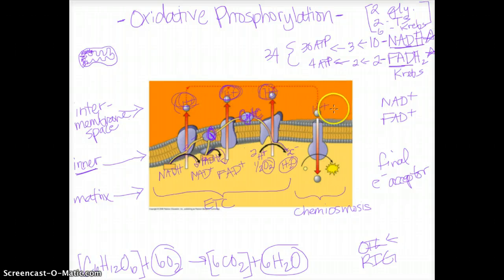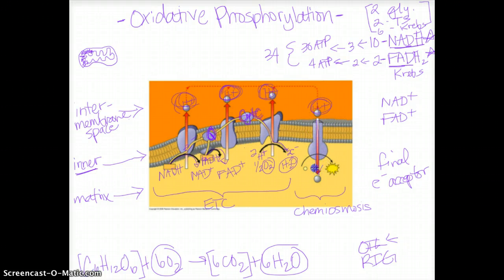Think of it as sort of like a hydroelectric dam. There's a dam, there's a lake, there's lots of water, and when we open the floodgates a little bit, the turbines inside the dam can spin and we can make lots of electricity. So this is almost exactly the way this works. We've got a gradient of hydrogen built up. We call it an electrochemical gradient, and that potential energy is going to be harnessed to produce ATP.